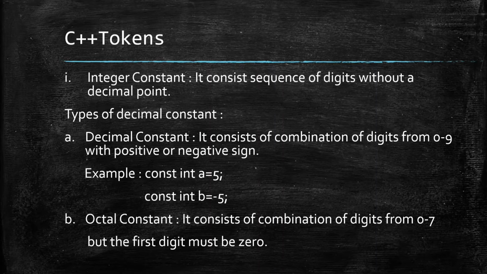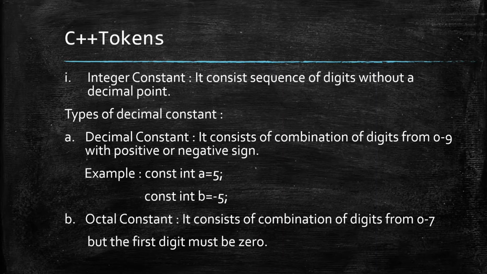So there you'll be learning this again. So 2.5, if I give it for integer, it takes it as 2, that's all. The 0.5 is left as it is. It does not consider it. It takes only the whole number part. Fine. It consists of a sequence of digits without a decimal point.